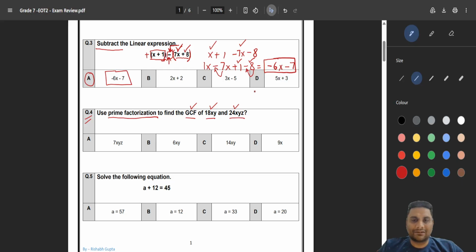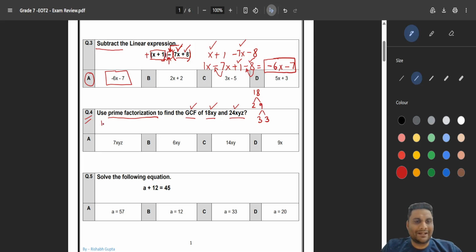First, you have to break the numbers. Let's say I have 18. Can I break the 18 into 2 times 9? Because 2 times 9 gives me 18, correct? Now I can break that 9 also. 3 times 3, correct? 2 and 3, these are prime factors. Why? Because we cannot break them any further.